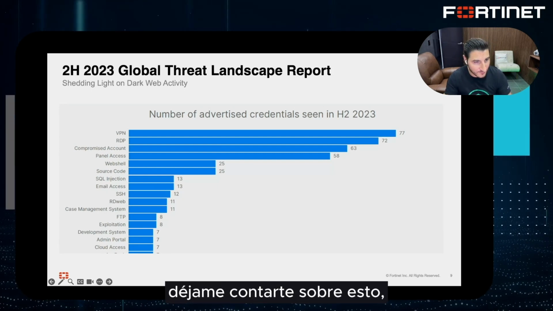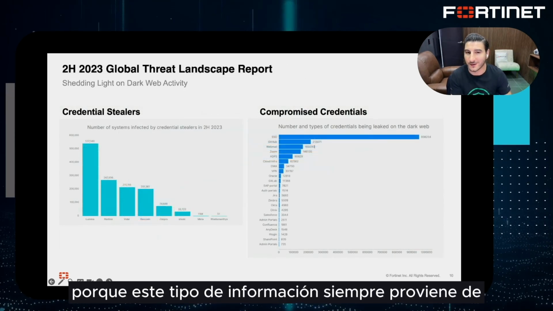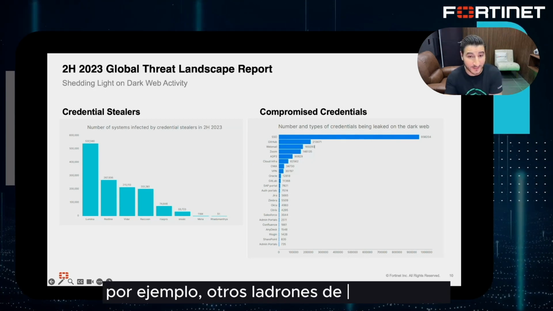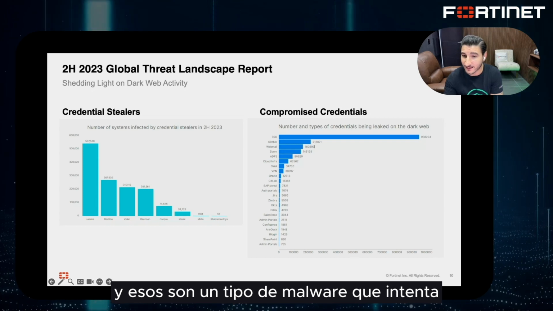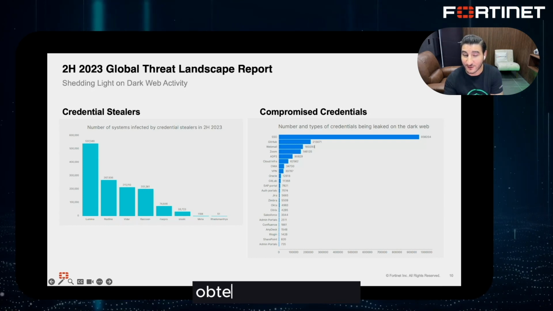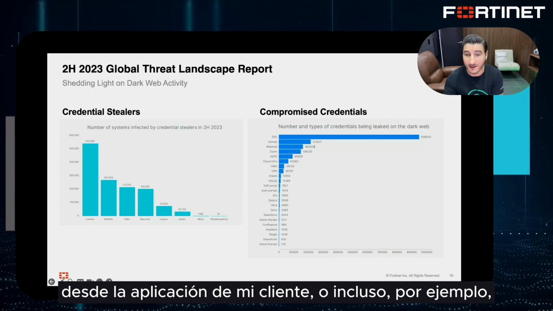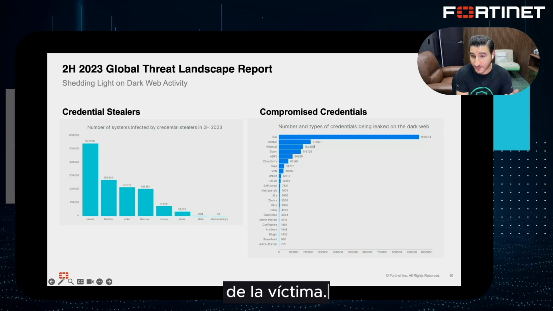And let me tell you about it, because this kind of information always comes from a specific malicious activity, for example, credential stealers, right? Those are a type of malware that tries to get credentials from a customer application or even, for example, from a specific account of the victim.